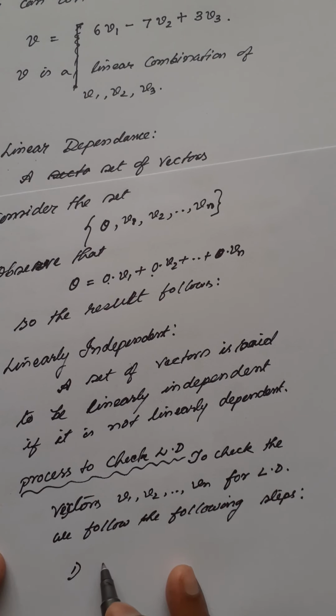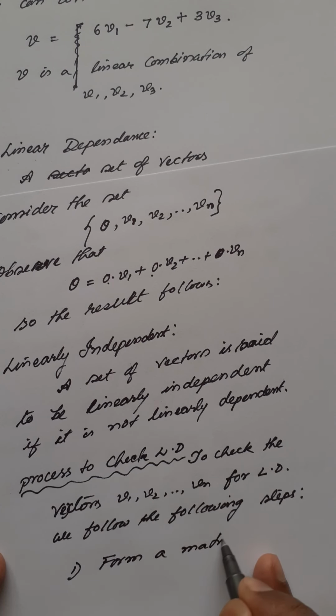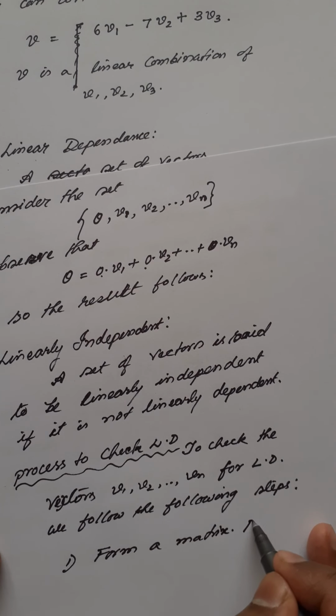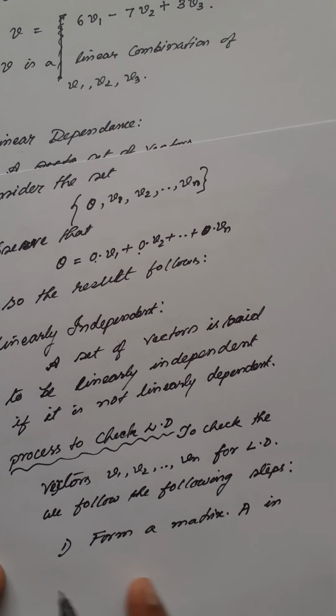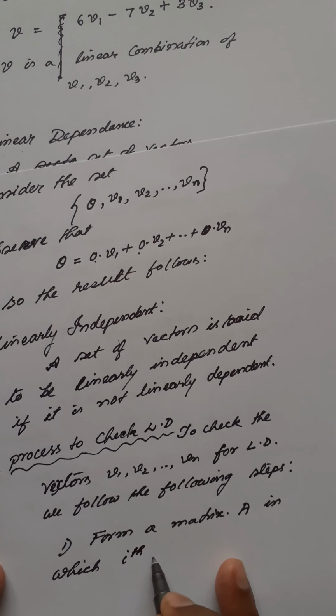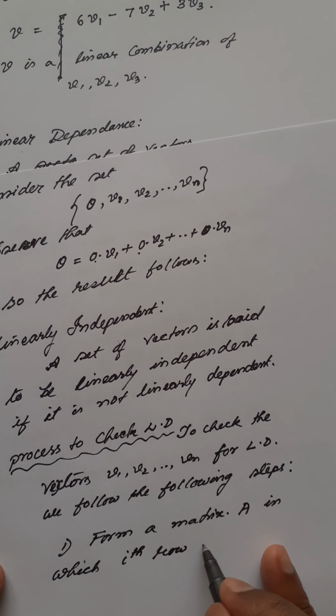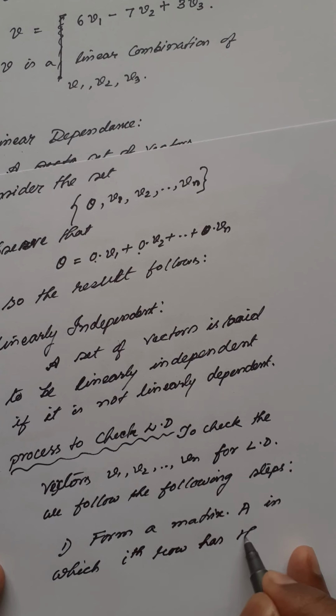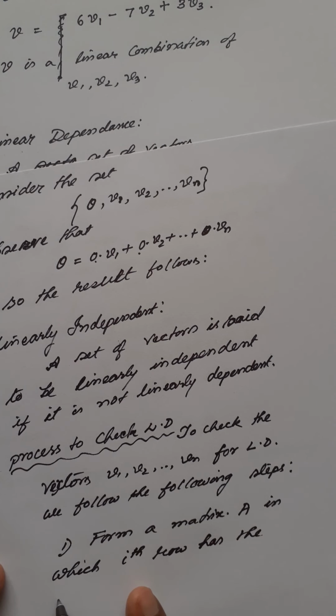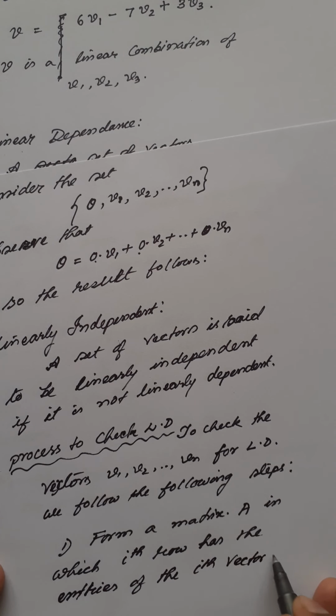Number 1, form a matrix A in which the ith row has the entries of the ith vector vi.